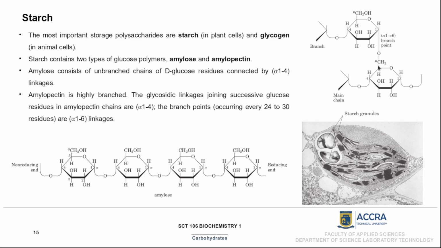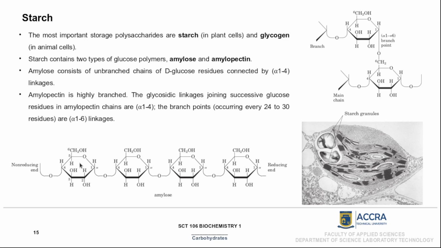So you have the branching on carbon number 6 to carbon number 1 of another monosaccharide unit in another chain. And in starch, you see this branching occurring every 24 to 30 residues. So imagine this is an amylose chain, and you start counting 1, 2, 3, 4, and you continue all the way.